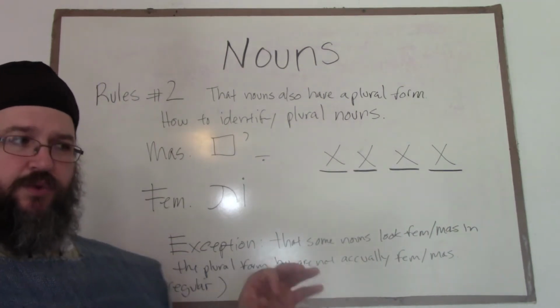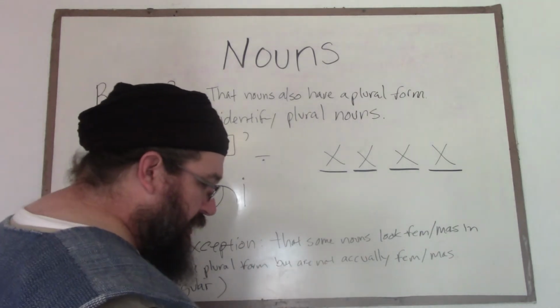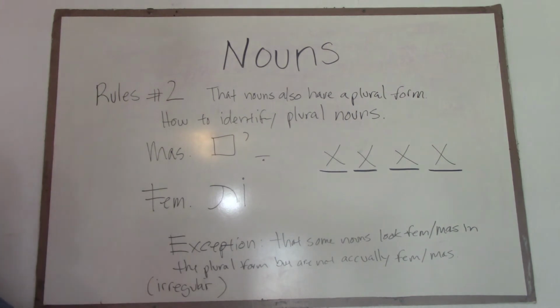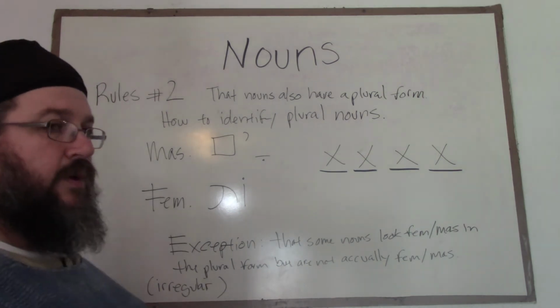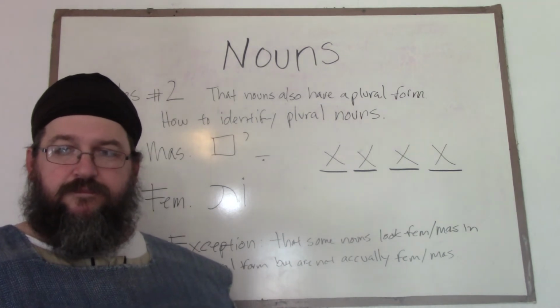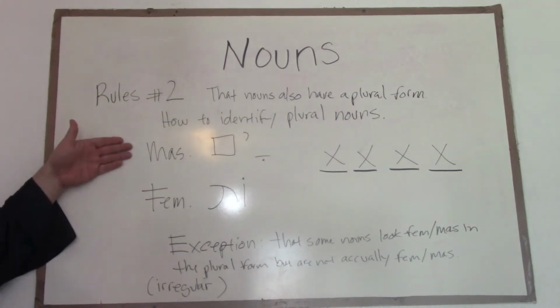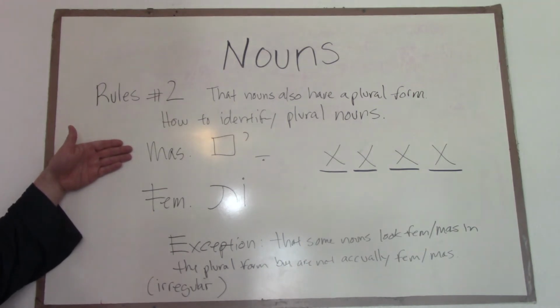Okay? Because we already know that the rule is if it has hay or tav at the end, then I know immediately that this is a feminine noun. Okay? So, if I see that there is no hay or tav at the end, then I have to sit there and say, okay, this is the actual masculine noun.